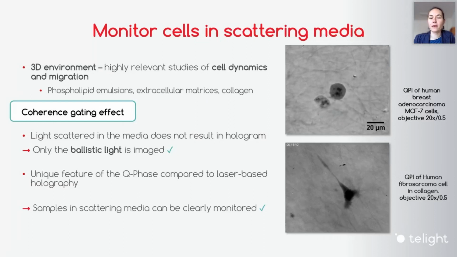The optical principle why we can do this with the incoherent light source is that only ballistic light in our case is imaged. So all the diffuse light that was scattered to some different planes actually does not contribute to the hologram. It does not meet the reference arm and doesn't create a hologram.